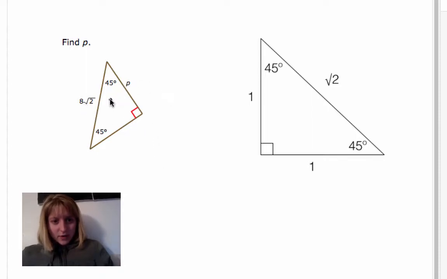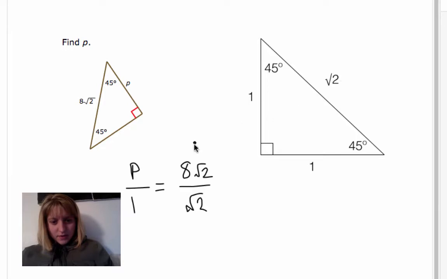So we can write out our ratio as P over 1 is equal to 8 square root of 2 over the square root of 2. This side is to this side as the hypotenuse is to this hypotenuse.